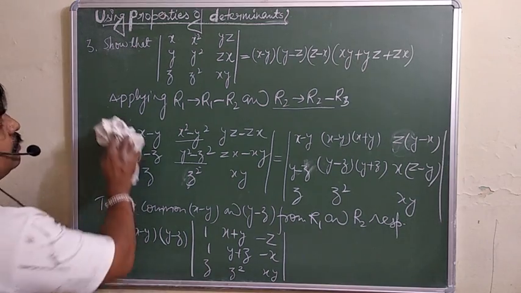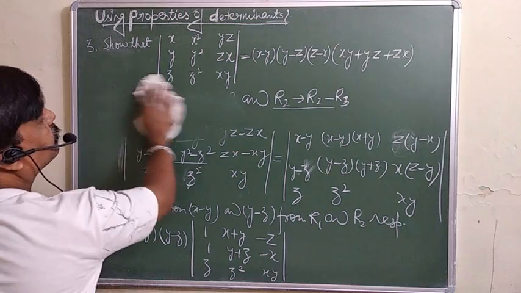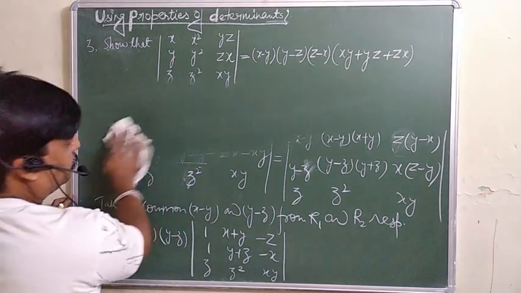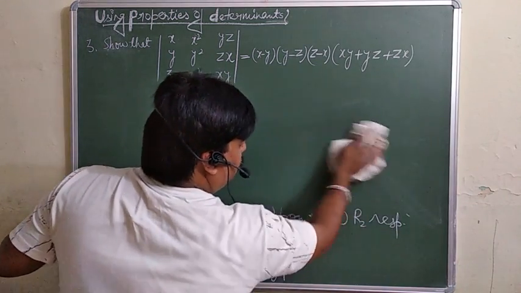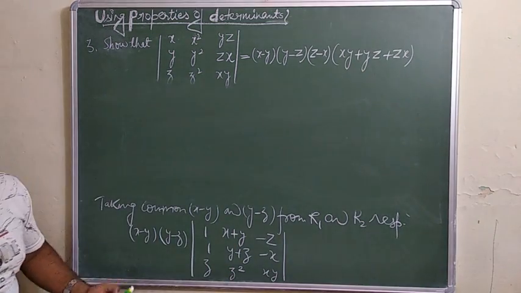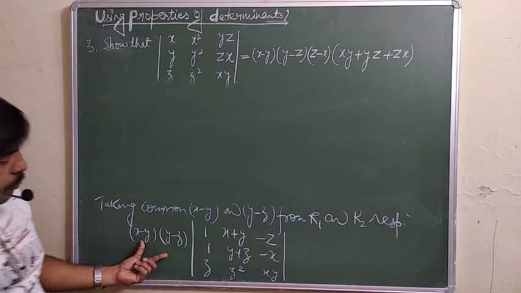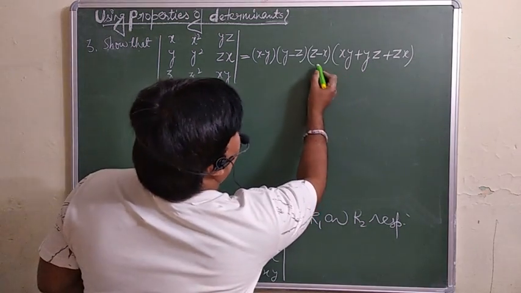Now look here. So now what we can do is here only. You are getting this, but now what do we want? Now we want z minus x.